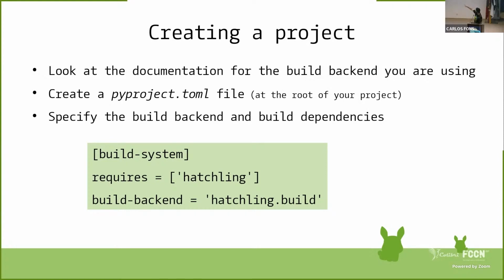The string that you put there will be documented in the documentation of your build backend. In this case, I'm using Hatchling, which is the build backend used by Hatch.